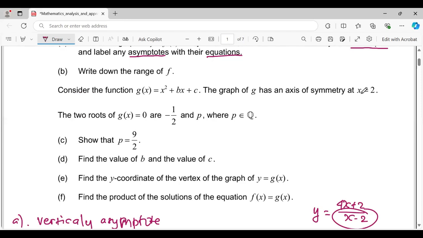The two roots of g(x) equals 0 are minus half and p, where p is an element of the real numbers. Now show that p equals 9 half.